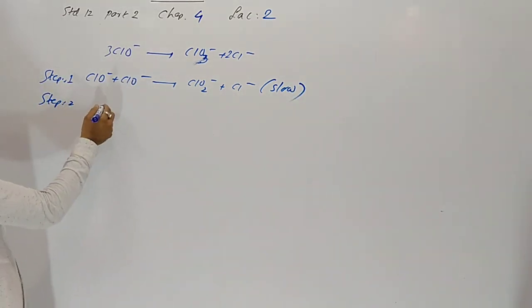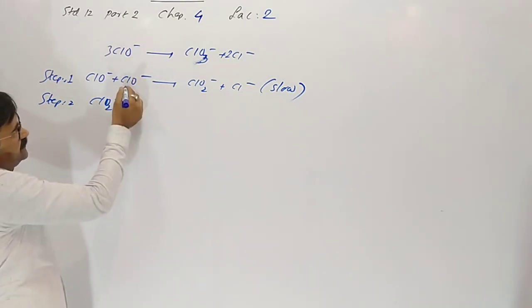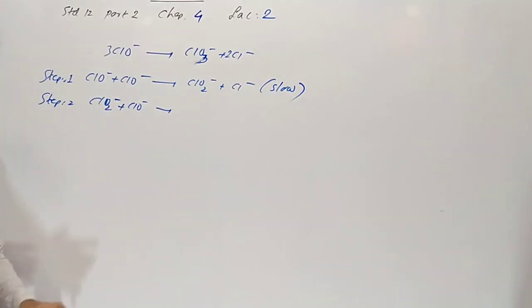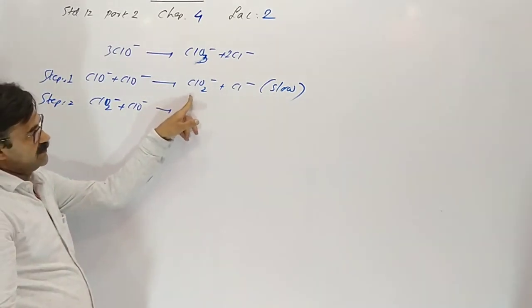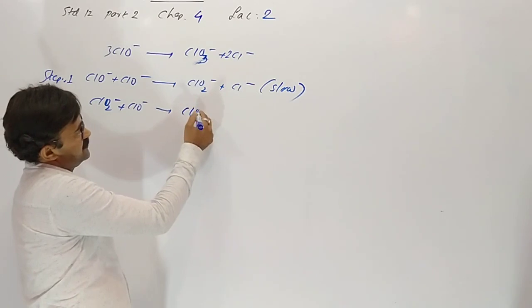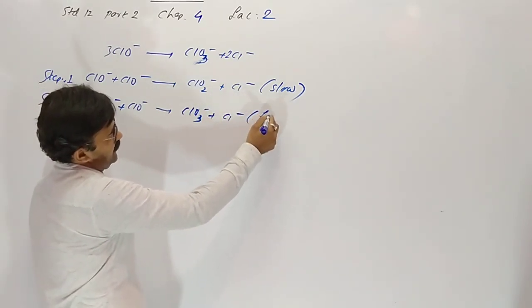Second step: the ClO2⁻ produced reacts with a third molecule. Here there are three molecules; in the first step two collide. The product ClO2⁻ collides with ClO⁻ and gives ClO3⁻ plus Cl⁻. This one is faster.